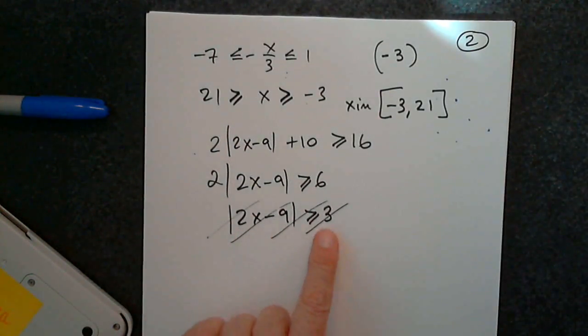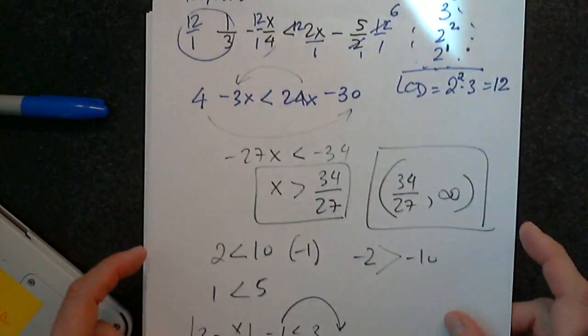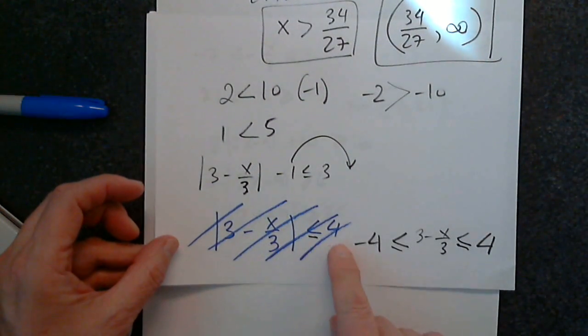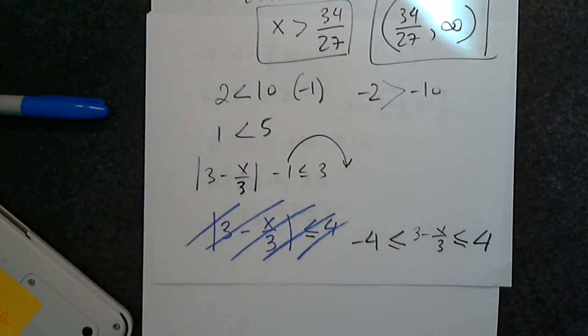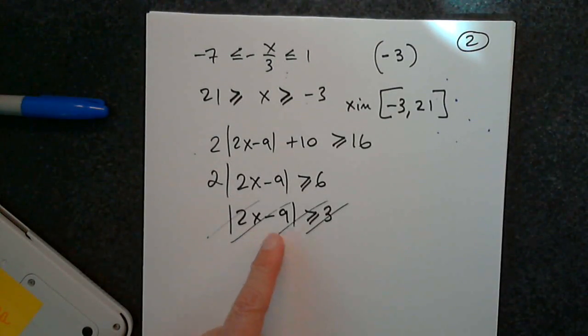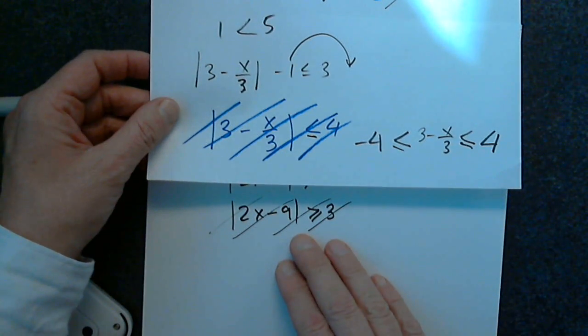This one says blah, blah, blah, greater than or equal to 3. And this one says blah, blah, blah, less than or equal to 4. They cannot be the same. It's not possible. Here, this says the absolute value less than or equal to a number. Here it says the absolute value is greater than or equal to a number. So if I use the same method, it's not going to work.